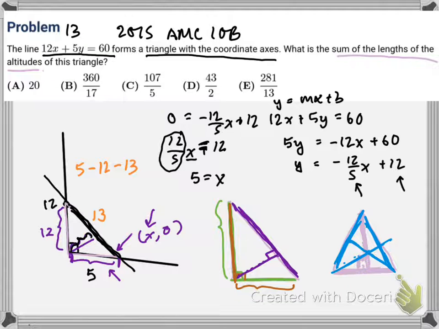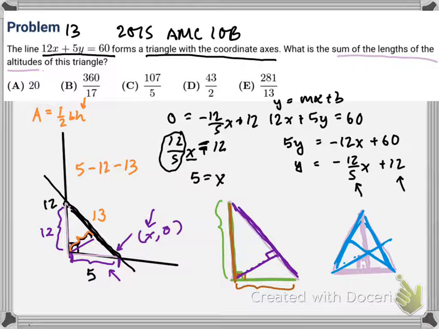You can also plug it in by finding the square root of the sum of the squares of the two other sides. So, okay, this is 13, and I'm still waiting for information that'll help me find that altitude. One way I notice I can do this is by using the area of the triangle. An area of a triangle is half the base times the height, or the altitude in this case.